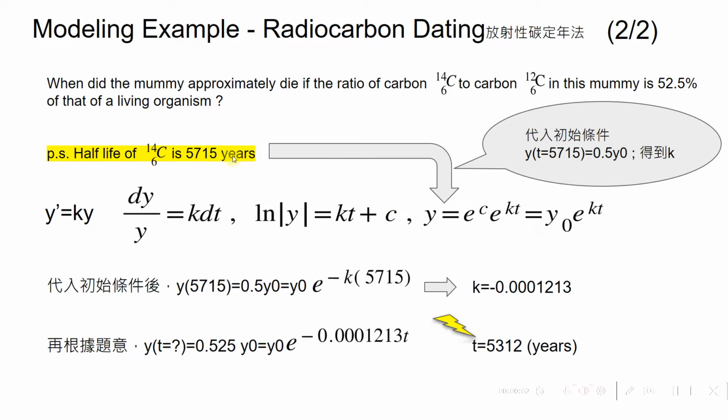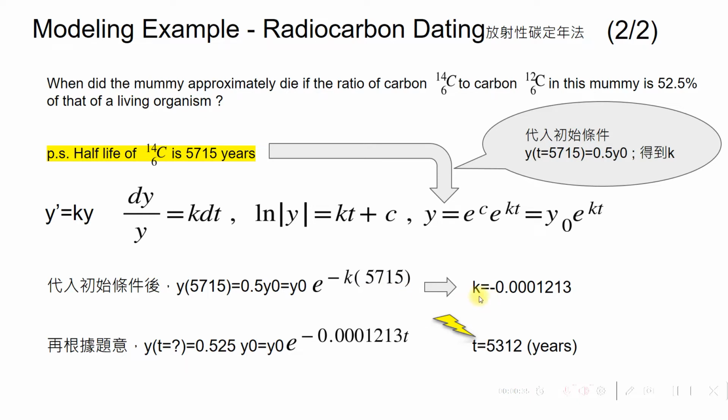Now we really substitute this condition into y, the radioactive carbon ratio, as a function with respect to time. T is the half-life of carbon-14, and k is unknown, and 0.5 is the value to which the radioactive carbon ratio decays after this many years.